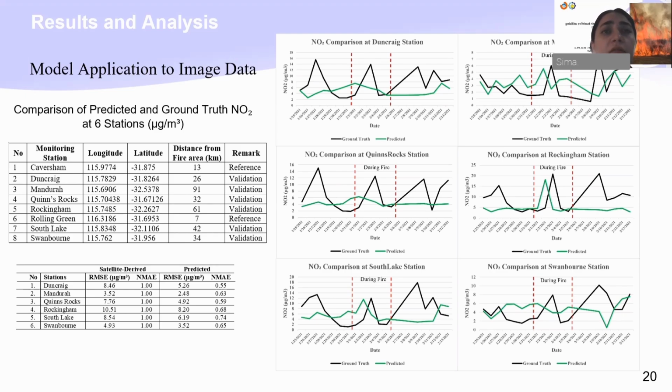In summary, while Mandurah had the highest precision, overall model performance is shaped by local topography, meteorological conditions, satellite data resolution, and differences between TROPOMI and ground station measurements.